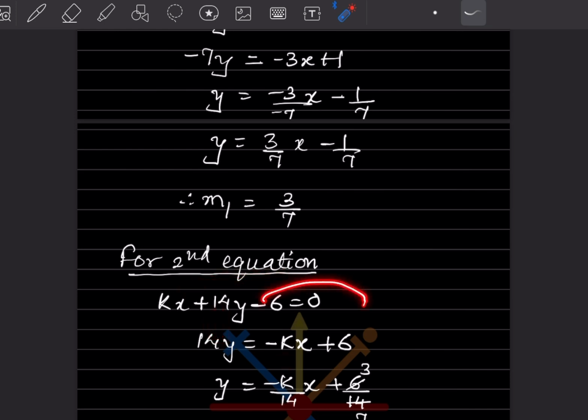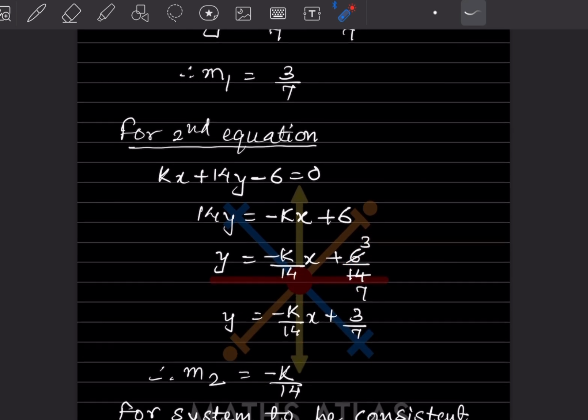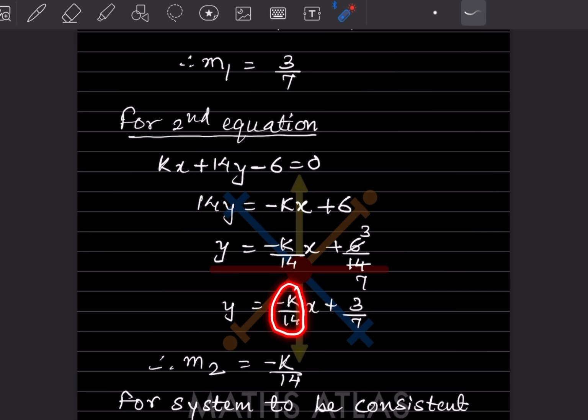So minus 6 will go here, plus 6. So y is going to be, this is multiplication, so it is going to get divided. So minus, this will get divided for this as well as this one, both of them. So minus k by 14 plus 6 by 14. If you simplify this one way, 2 3s are and 2 7s are. This stays the same. Now this is again the slope of the second equation. So we can write this as m2, that is minus k by 14.